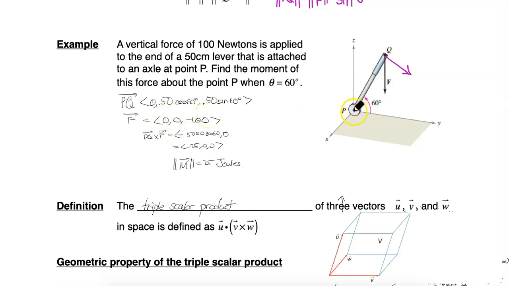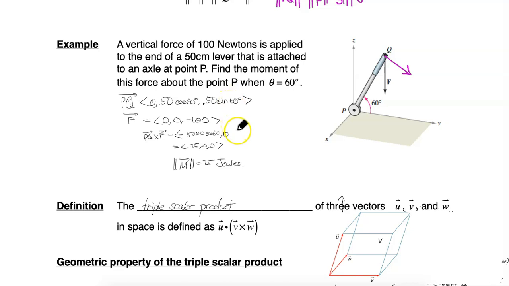PQ is the vector going from P to Q, where the force is applied, and X, as you can see, goes this way, so the component in X of PQ is 0. If we want to be careful and write answers in newtons and meters or joules, then it's 0.5 times cosine 60, and the Z component is 0.5 times sine 60.